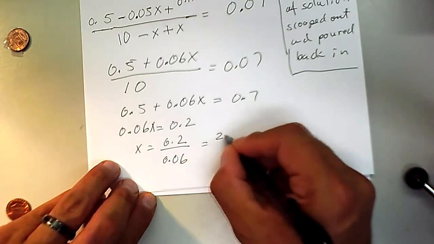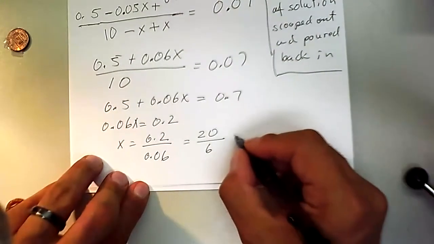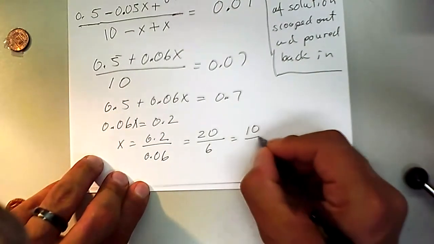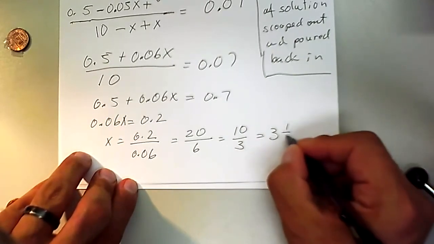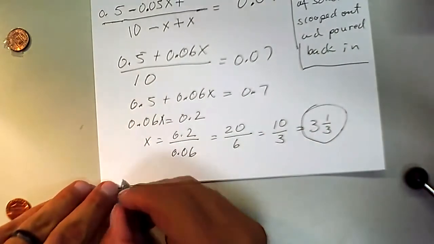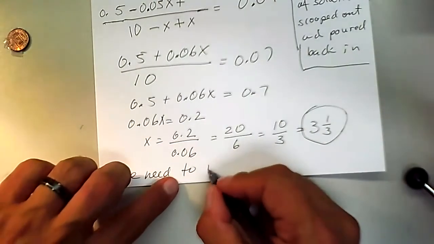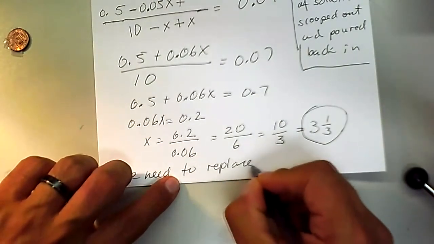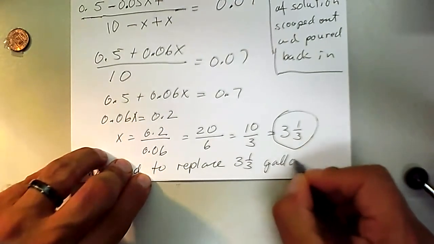So that is going to be 20 over 6, which is the same thing as 10 over 3, which is 3 1/3. So we need to replace 3 1/3 gallons.